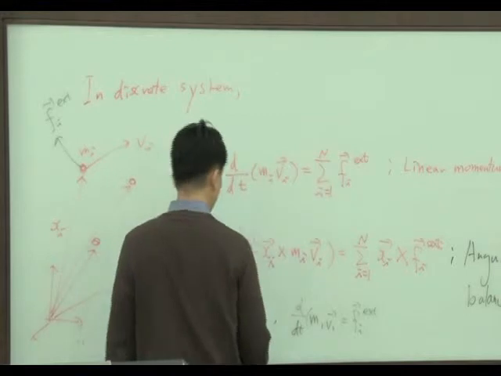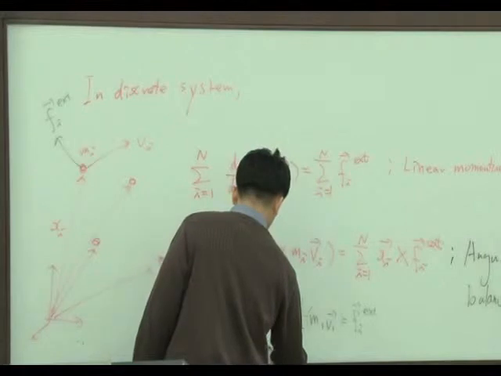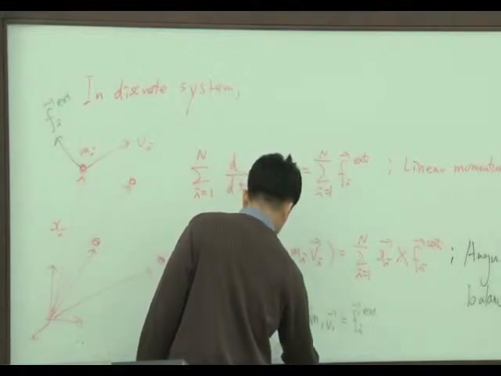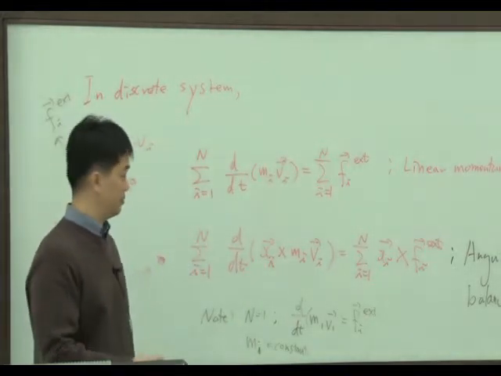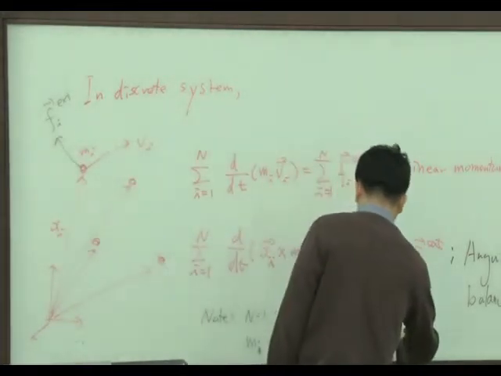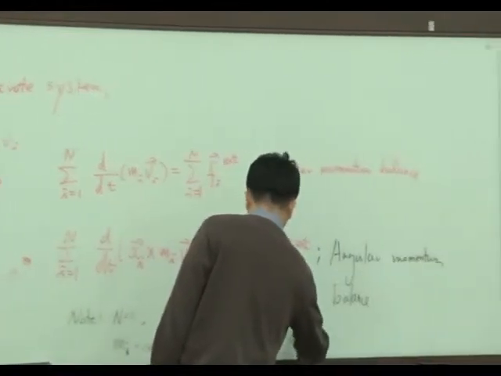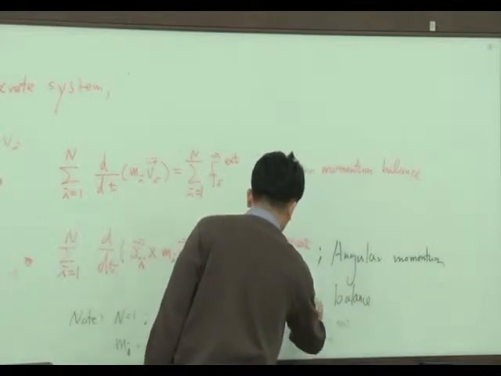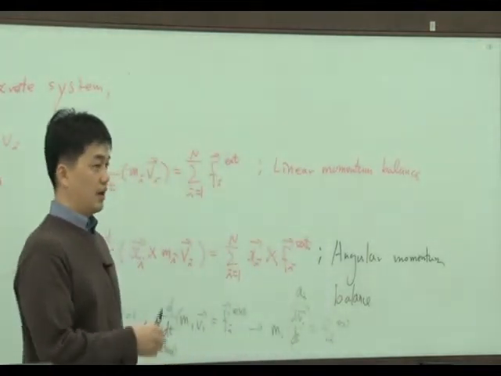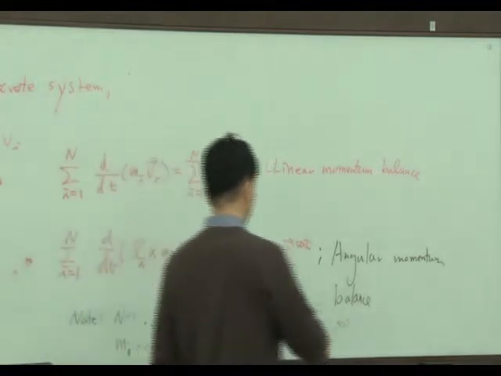And if mass is constant, meaning mass doesn't change with time, then this equation just becomes m1 dv1/dt equals F external. This is the acceleration. So F equals ma, right? This is just F equals ma.